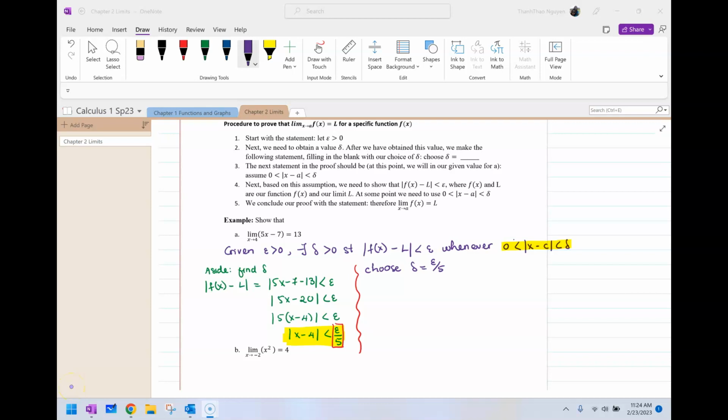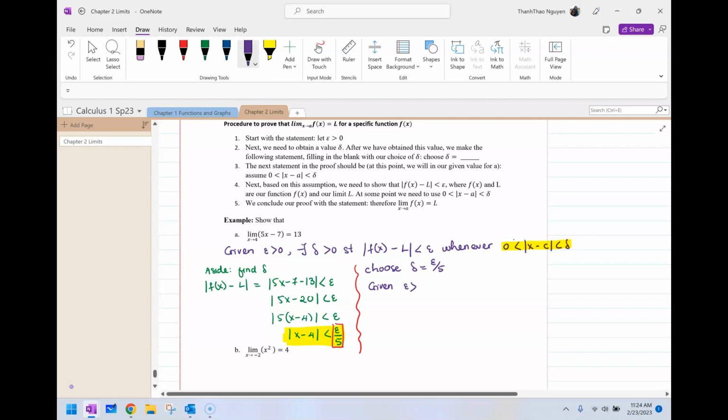And we will say, given epsilon greater than 0, let delta equal epsilon over 5.